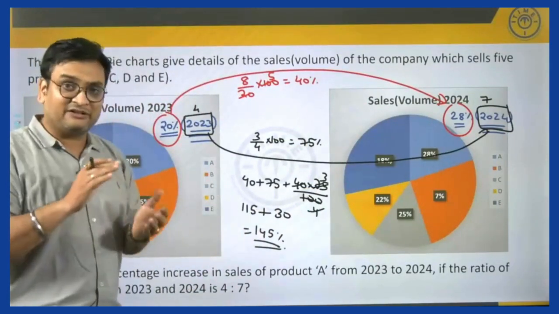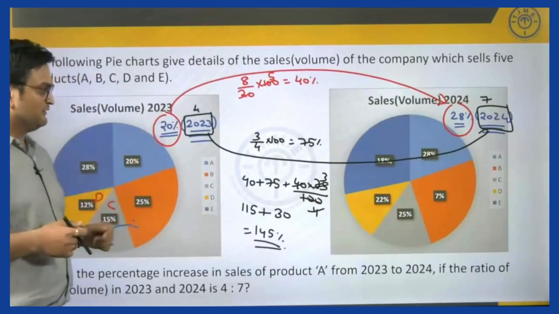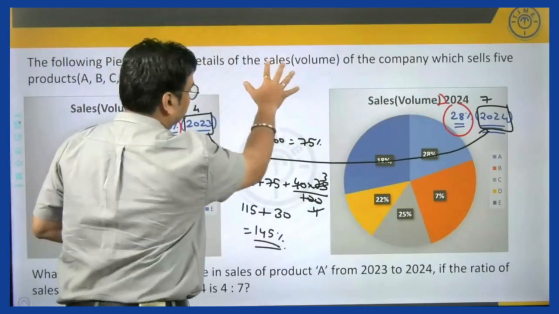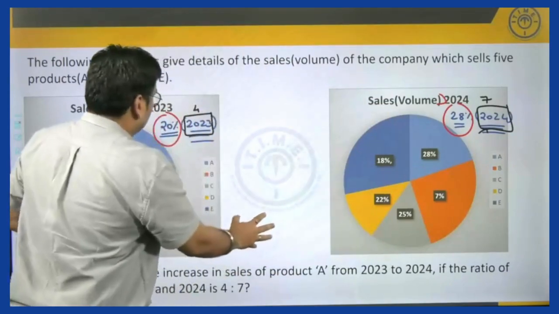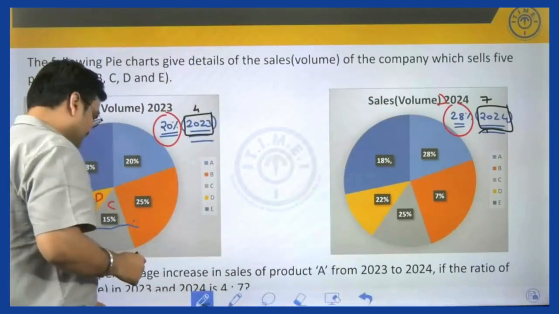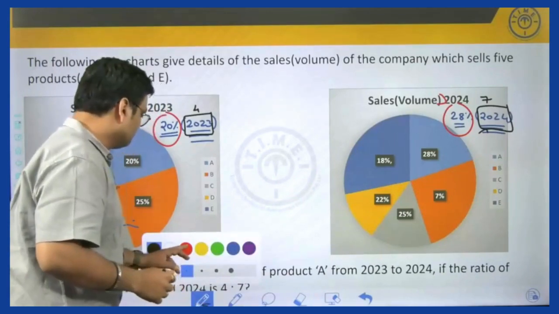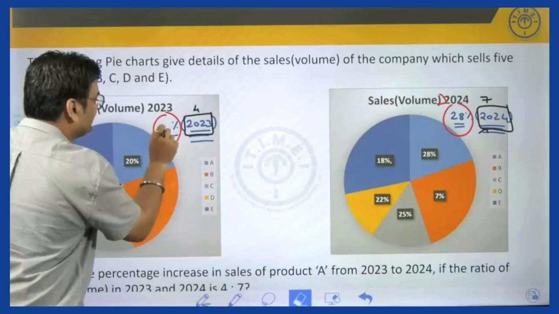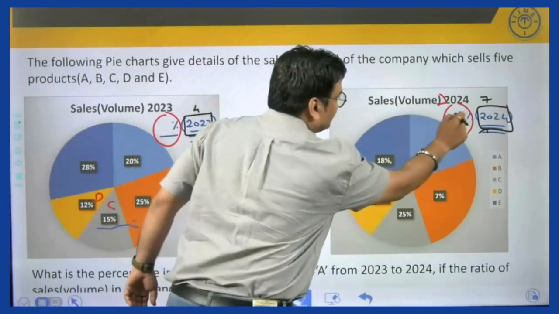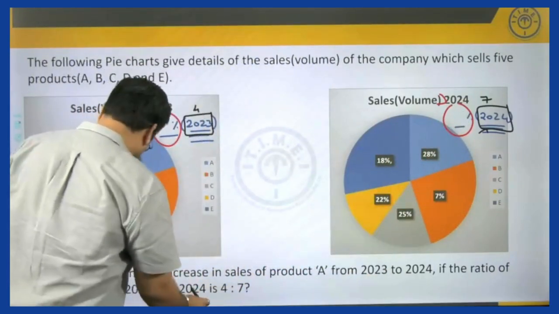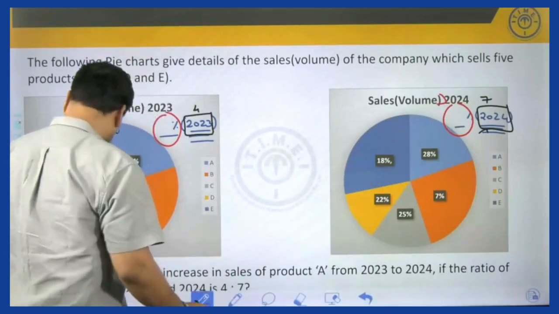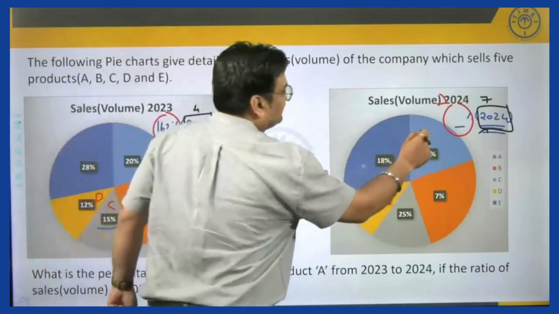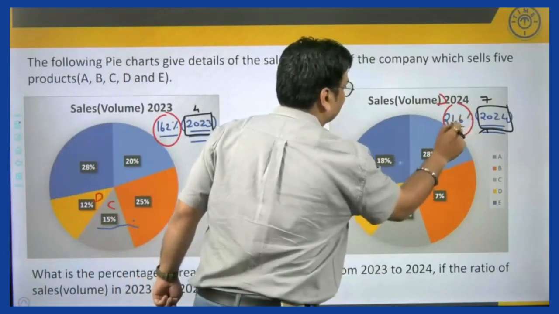Now the major advantage here is, please note it down, I'll tell you the major advantage. Imagine, had this value, instead of being 20 and 28, had it been, what did I say, 16.2 and 21.6.